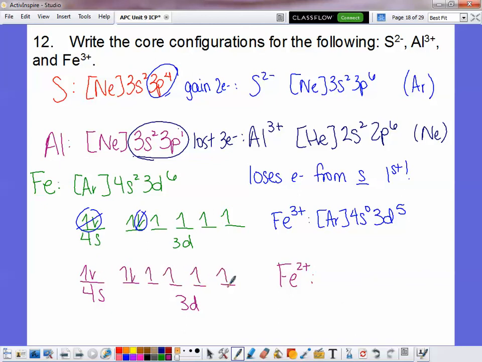I'm just redrawing that real quick. So to make it +2, which 2 electrons is it losing? Just the 4s. So it would be Ar 4s0 3d6.